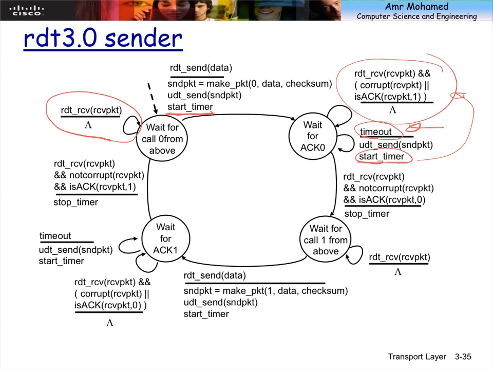Of course, one thing you may choose to do when you receive a corrupt or negative acknowledgement is to retransmit.